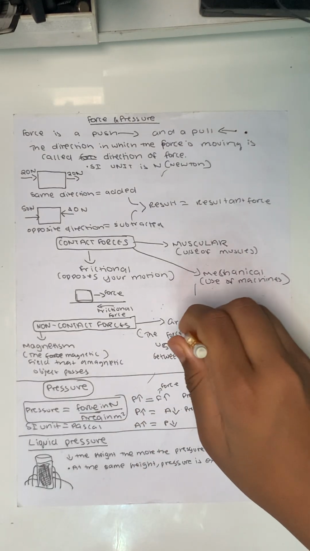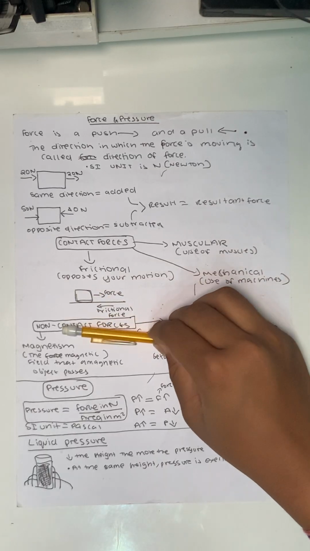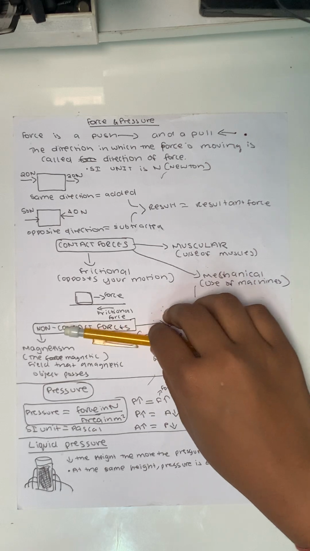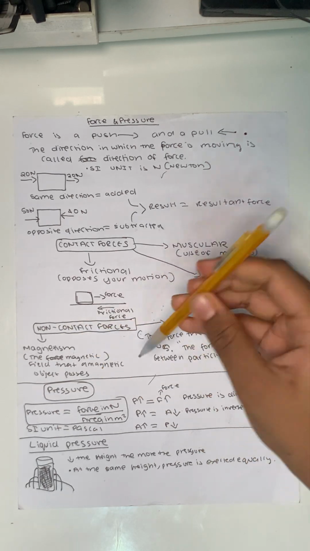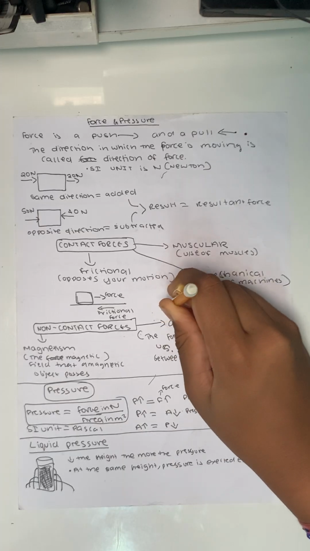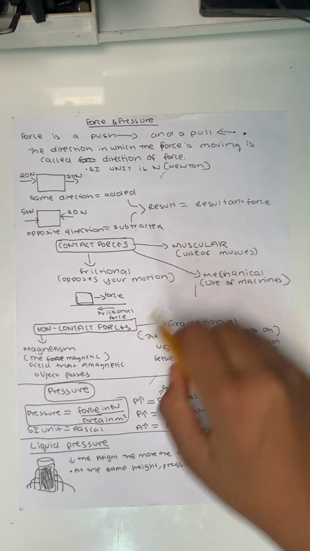If I press down on this entire pencil like this, less pressure will be applied. But if I take the nib here, which is very small, and only press down on this nib, then the pressure exerted will be higher, which means that pressure is inversely proportional to area.